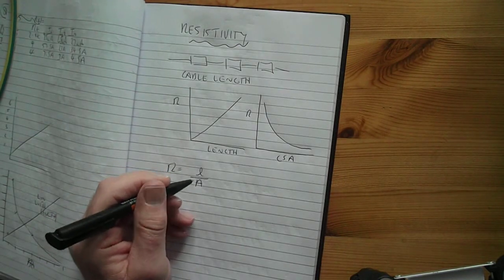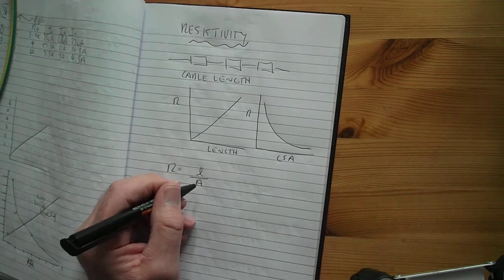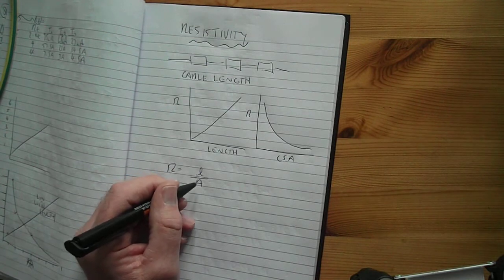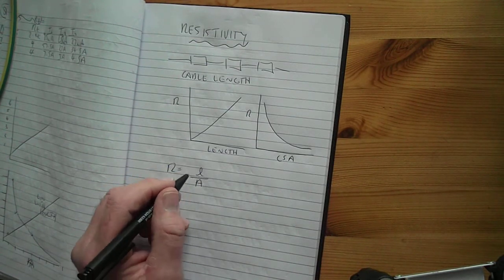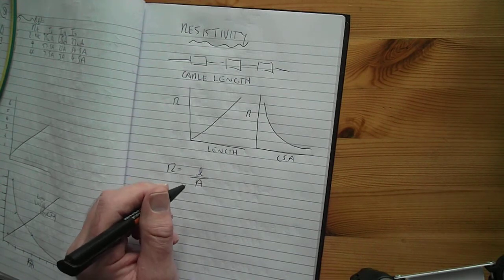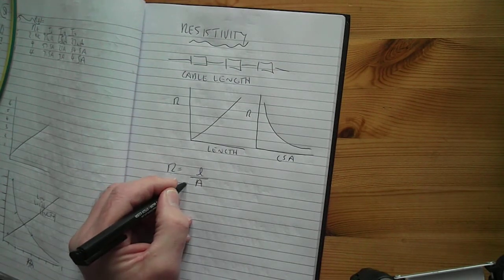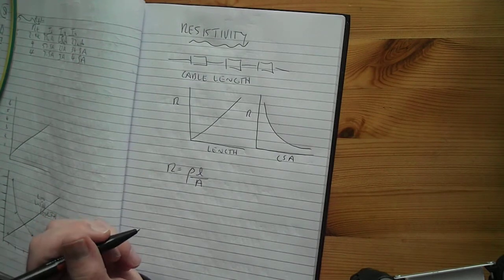Now we've got to have some constant here to work from, because we need to know what a unit of this material, say copper, is, and that is given the term rho, which is a Greek letter rho.